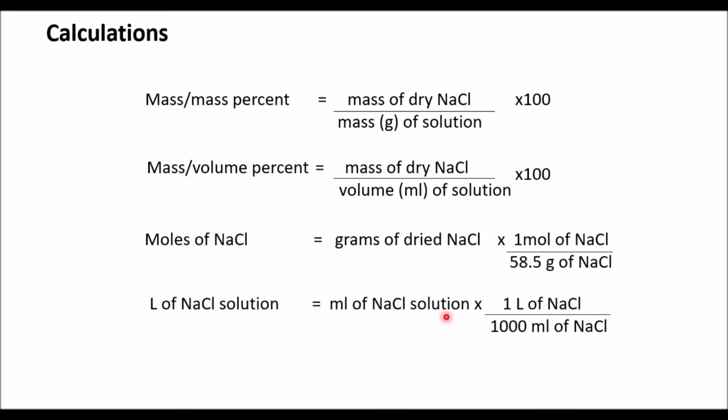Milliliters of sodium chloride solution can be converted into liters using the conversion factor 1000 ml of sodium chloride solution is equal to 1 liter. Finally, molarity or concentration of sodium chloride can be calculated using the formula moles of sodium chloride from this step over liters of sodium chloride solution from this step.